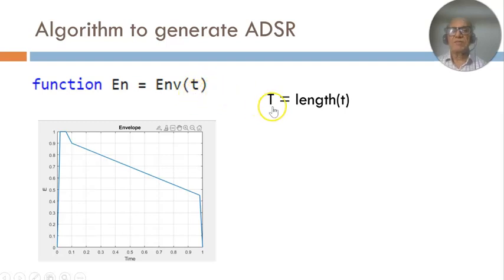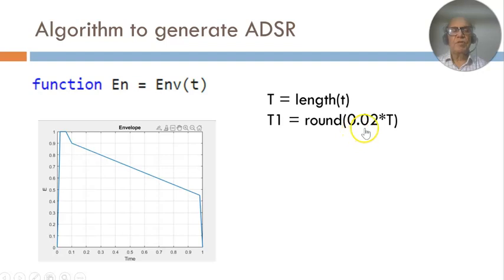So now first thing you do is find the length of T, that is the number of samples in T. For example, in this case, the total duration is 1 second, so the total number of samples in T will be 22050. The reason for finding the number of samples is that, remember, in the linspace command, the last parameter is an integer. So that is why you need to do that.